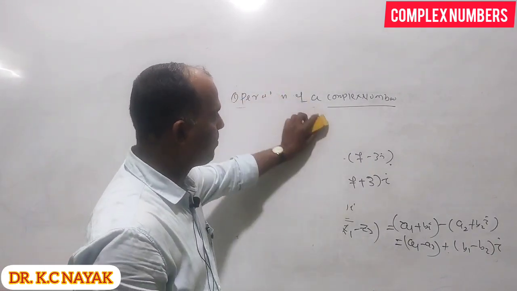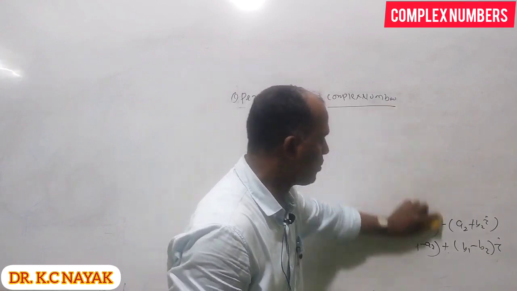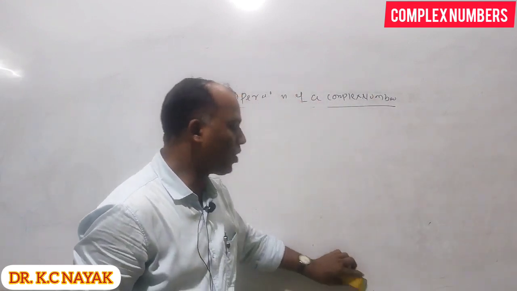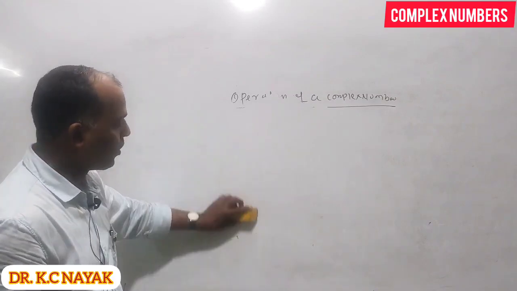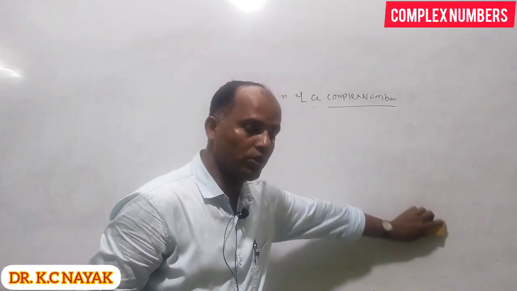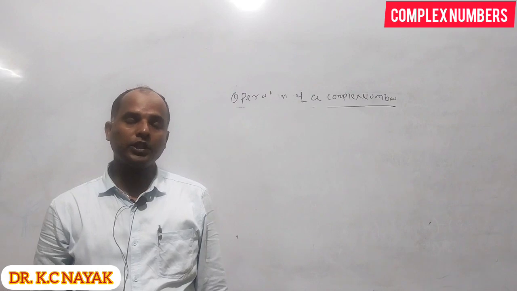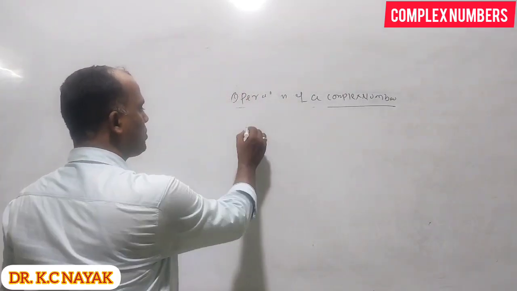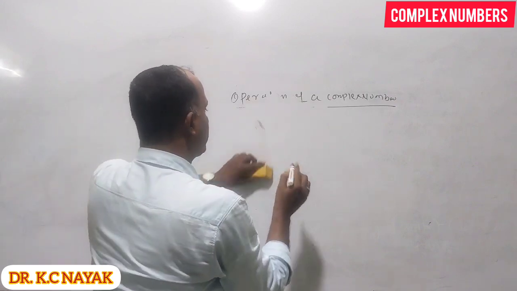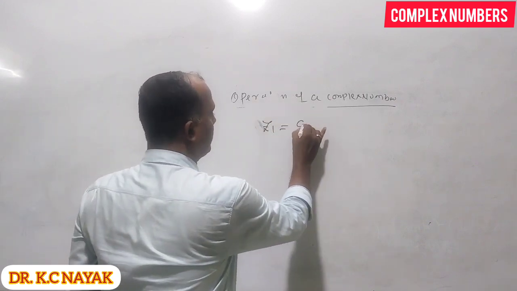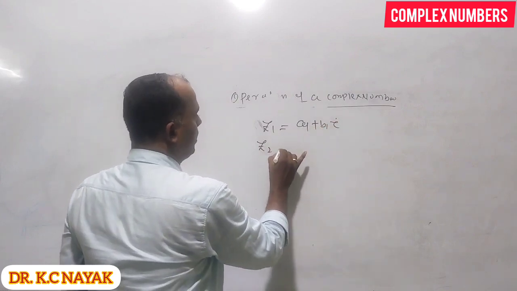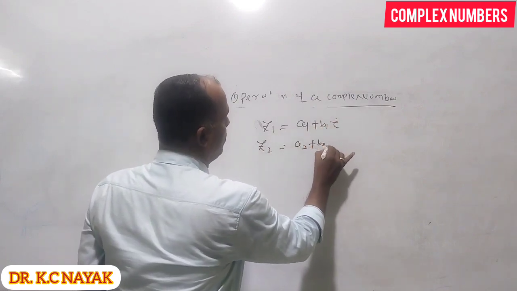Now again we proceed with the multiplication of two complex numbers, or the product of two complex numbers. Normally the product of two complex numbers is also a complex number. How? Suppose we take z1 is equal to a1 plus b1i, z2 is equal to a2 plus b2i.